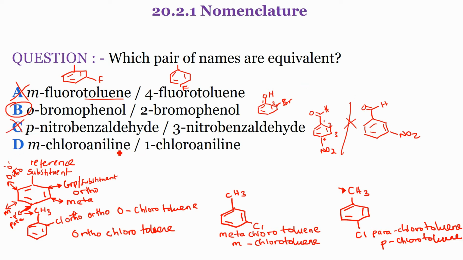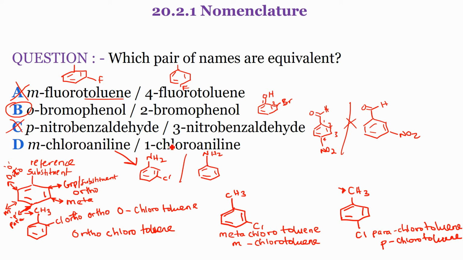And then you have aniline, where you have NH2 as your reference group. The chlorine's on meta position. Here you have the aniline with the chlorine.